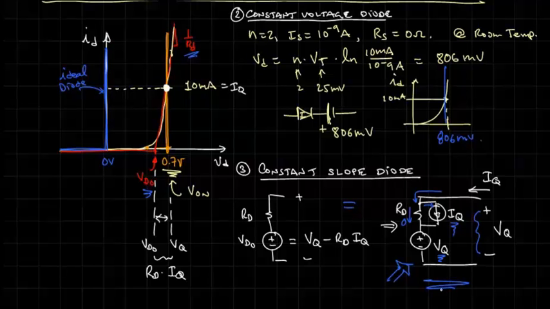If I want my model to fit the data right at my operating point, then I know VQ and IQ, and the only thing left to pick is I need to determine what the slope of this line is right here, and then take the inverse, and that will be my RD, which I will place here.